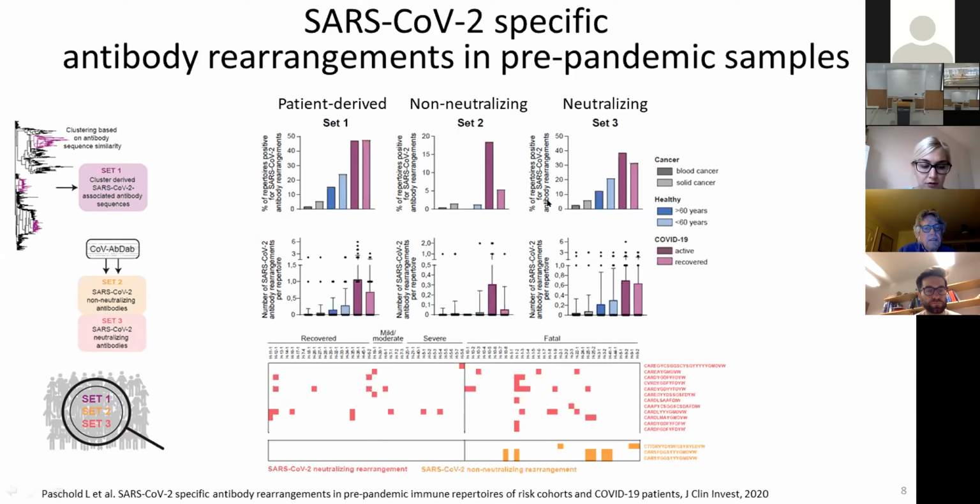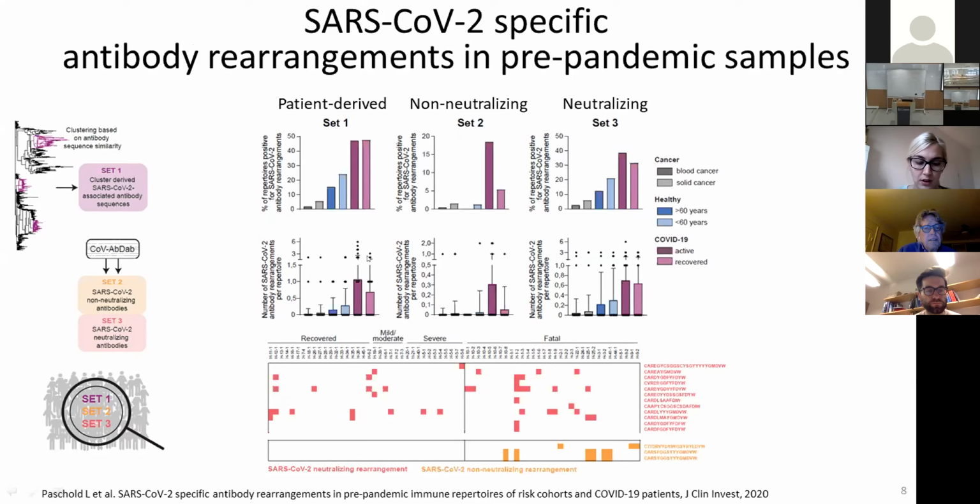So these are 2 ways of plotting the data. One panel shows the percent of repertoires which had at least one of the sequences in each set, and the second line shows the mean number of sequences found per repertoire.